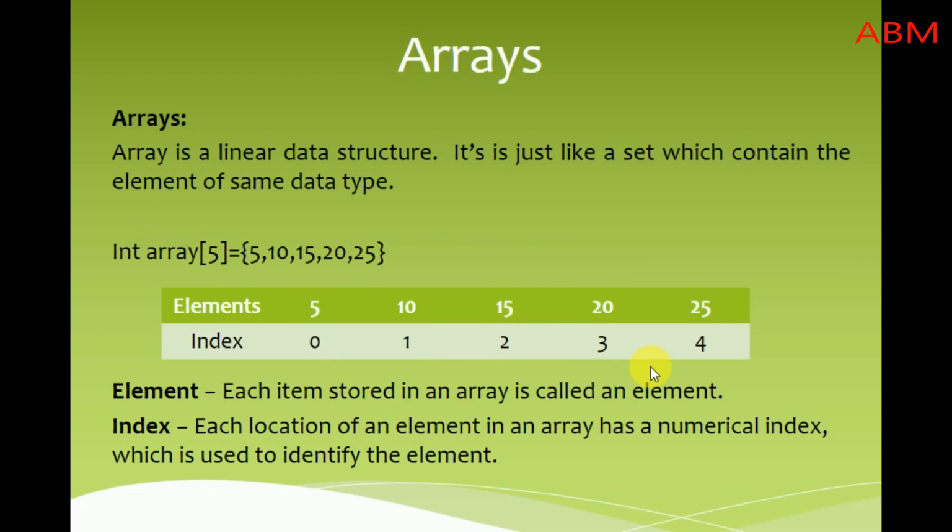These are the addresses to address any particular data in the array. For example, the value 5 is stored at array[0], the 10 is stored at array[1], the 15 at array[2], the 20 at array[3], and the 25 at array[4]. So if you, for example, want to print the value 15, then you will print array[2].